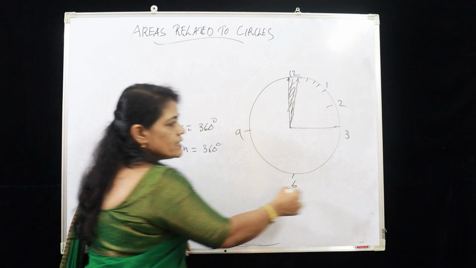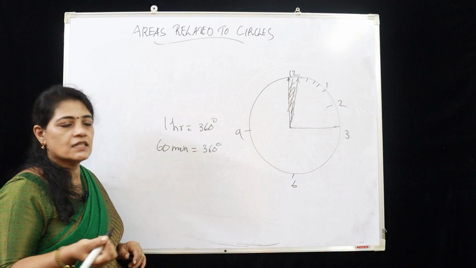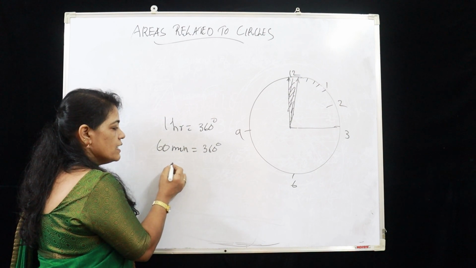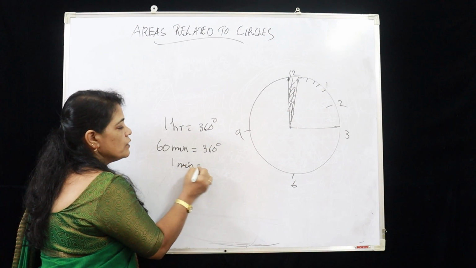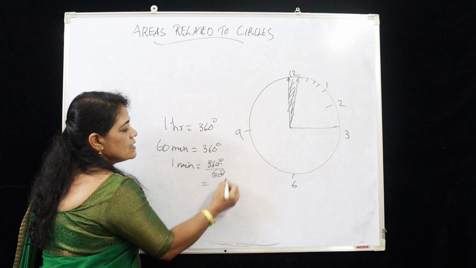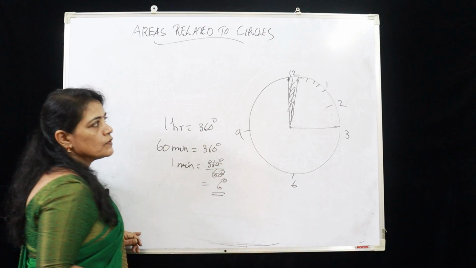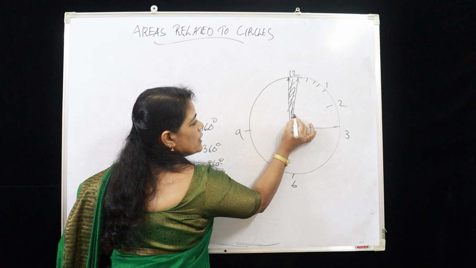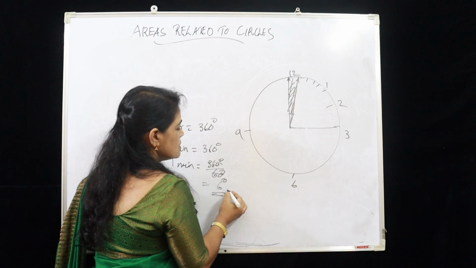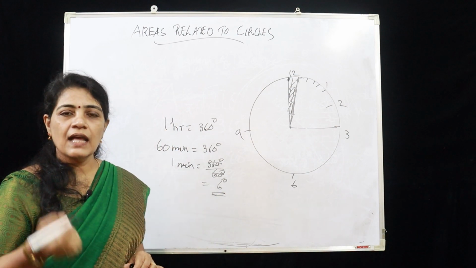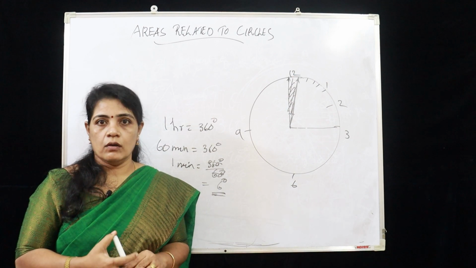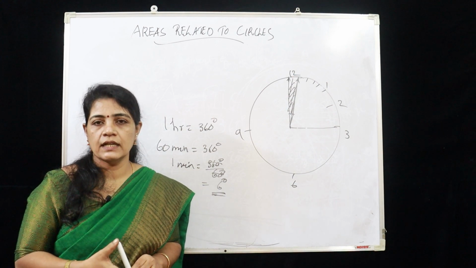To find the angle described by the minute hand in 1 minute, you have to divide 360 by 60, that is 6 degree. So the angle between these two lines is 6 degree. That is the angle described by the minute hand of a clock in 1 minute.